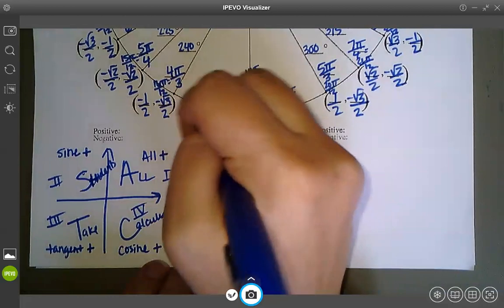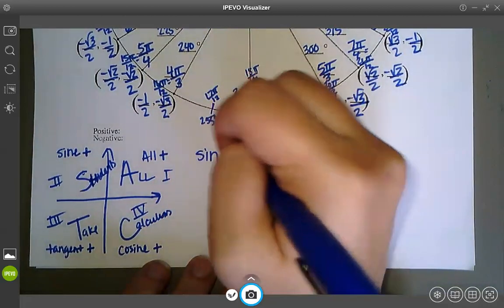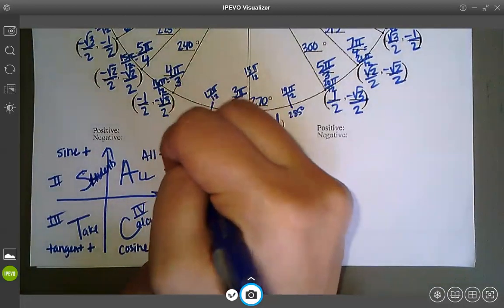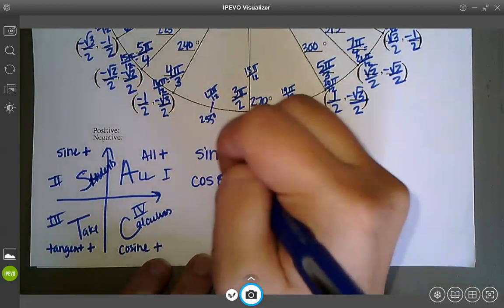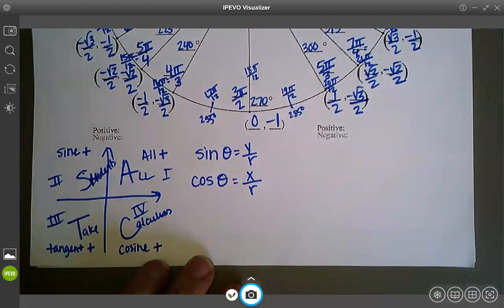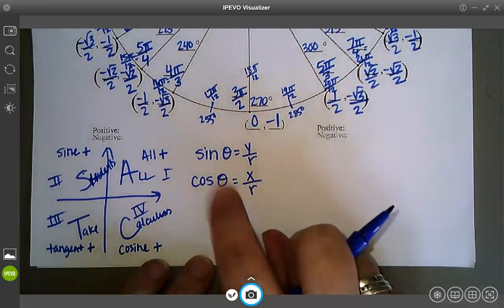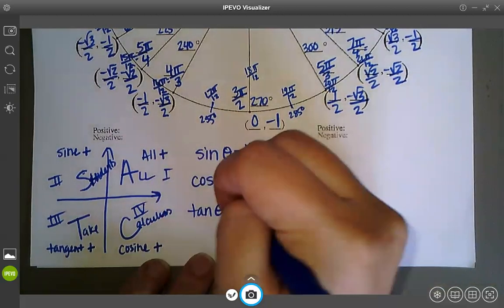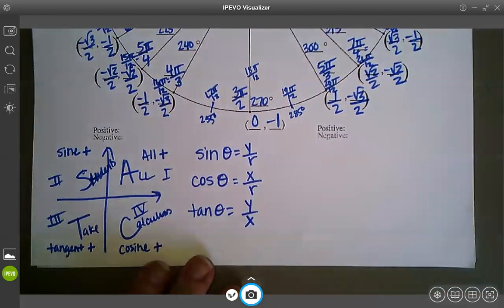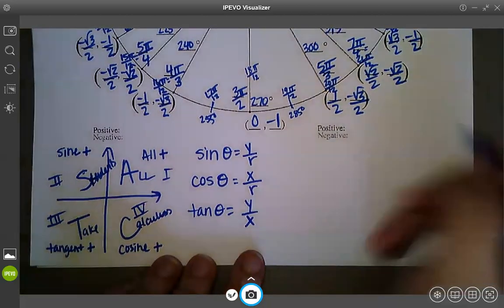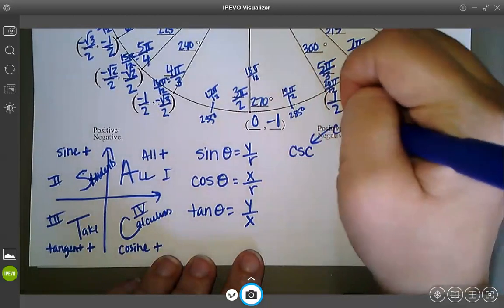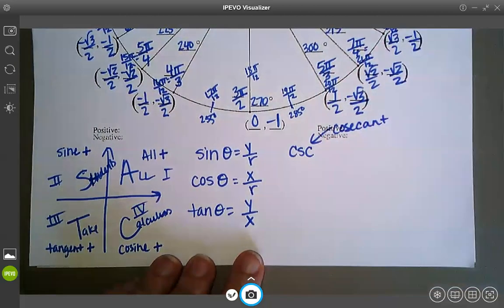The sine of theta equals y over r. R is your radius. The cosine of theta equals x over r. That is the y value of the coordinate at that angle theta, and the x value of the coordinate at that angle theta. Tangent of theta equals y over x. Sine and cosecant, I'm going to write this word out so you can see what it is.